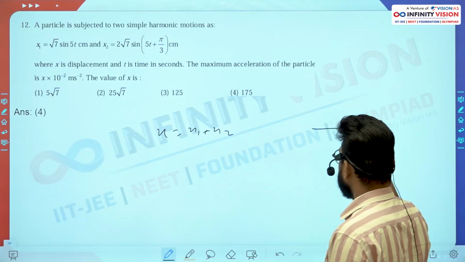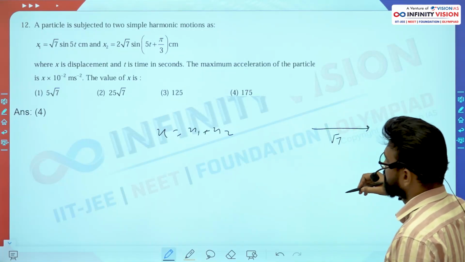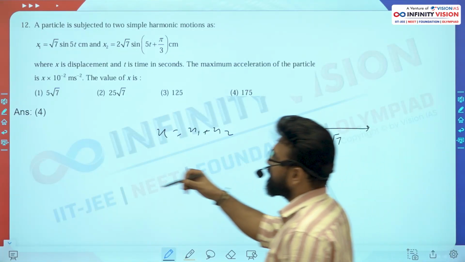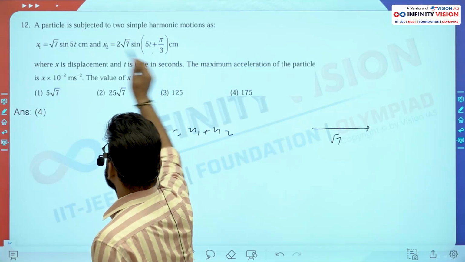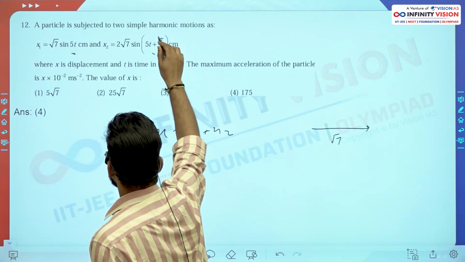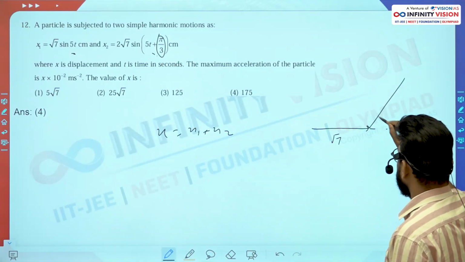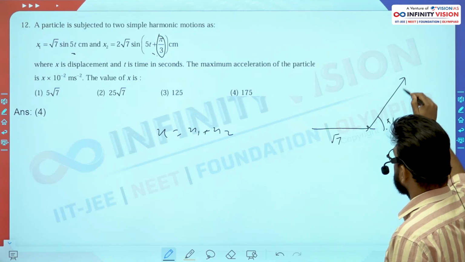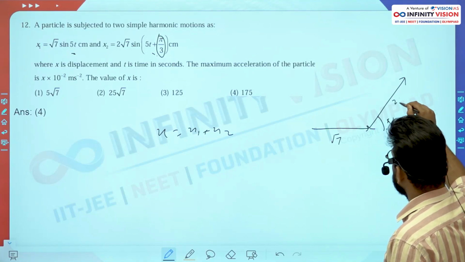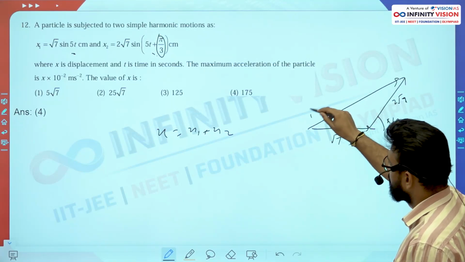We can easily calculate it as the amplitude of the first is √7, the amplitude of the second is 2√7, and the phase difference between them is pi by 3. That means the angle between them is pi by 3. Okay, this is how you can easily calculate the resultant.